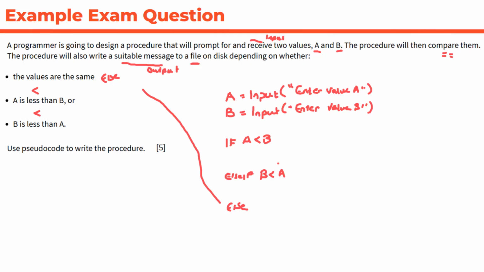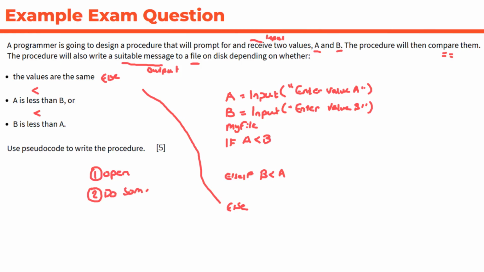Now, how does the last bit there, write a suitable message to a file on disk? Okay, so to do this, the file handling, let's make a variable called my file. And just remember with the file handling, one, you've got to open. Two, do something.